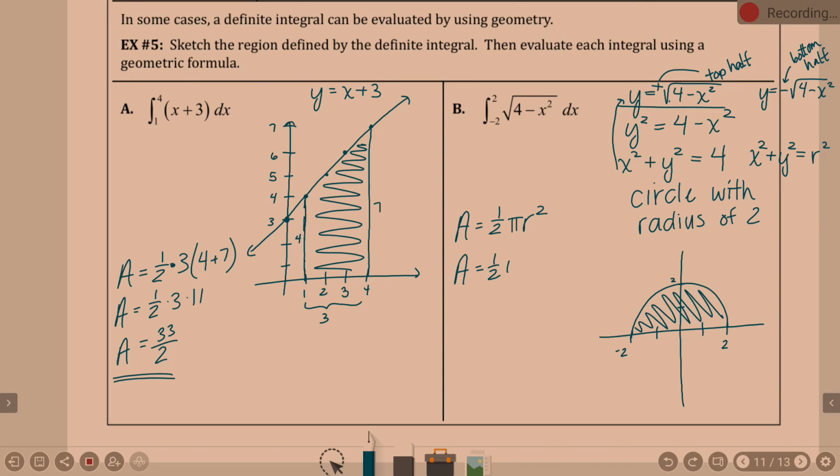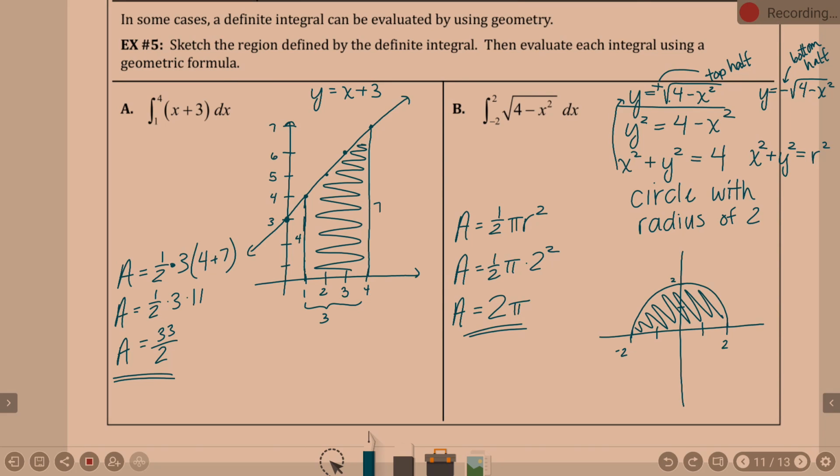What's my radius? 2. 2 pi. Yeah. It would be the same if your radius is 2. Okay?